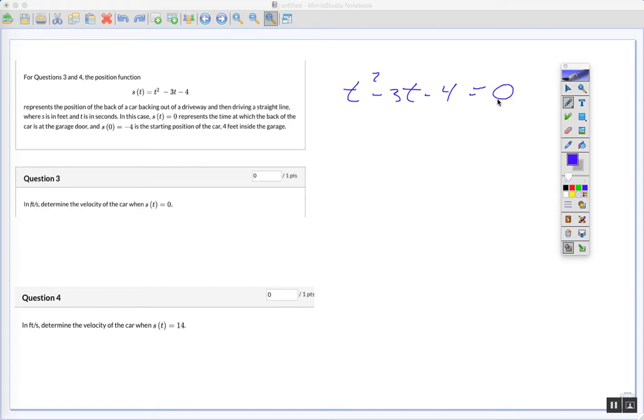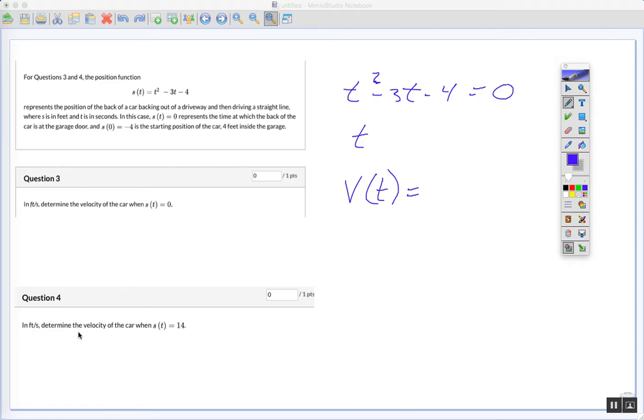And then you would take those values of time and use them to answer this question. So you would want to know what is the velocity when your position function is at 0. So you would use these values of time that you solved for. And to get the velocity function, remember, you have to derive your position function.